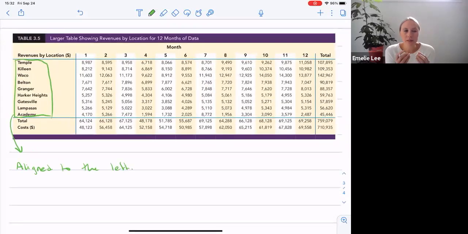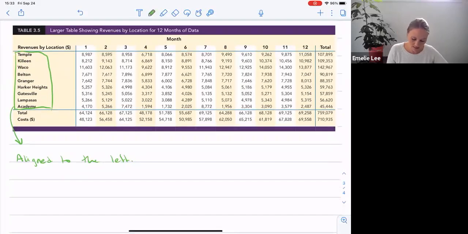Typically, and there are exceptions, text is aligned to the left because we don't like to read jaggedy things on the left-hand side. We're okay with it being jaggedy on the right-hand side, but typically we like to have text one on top of the other.